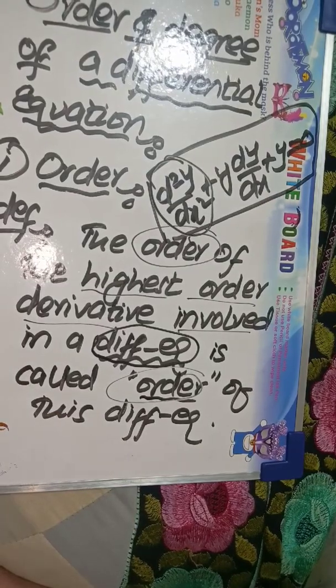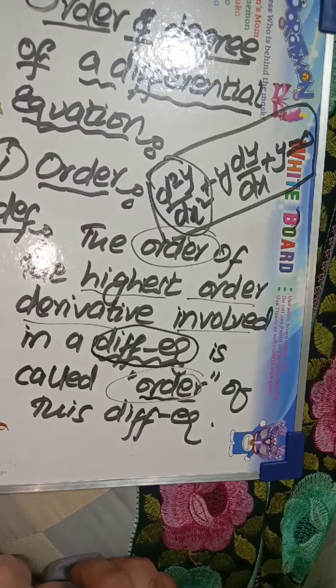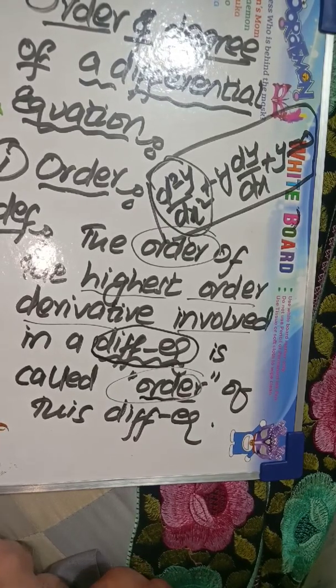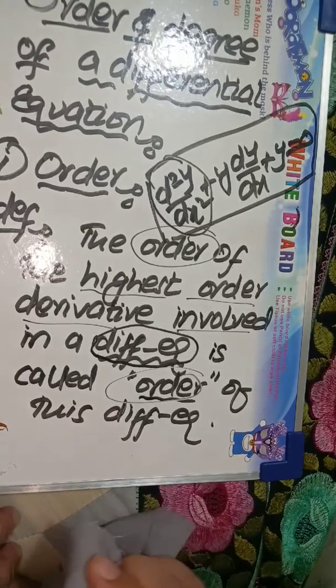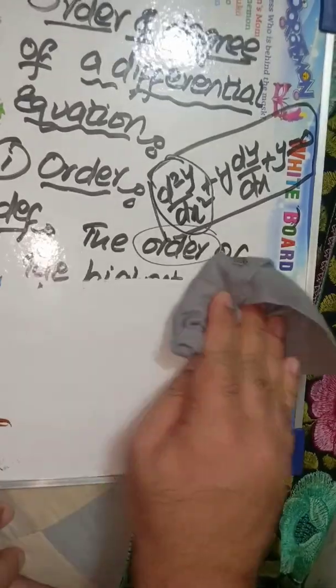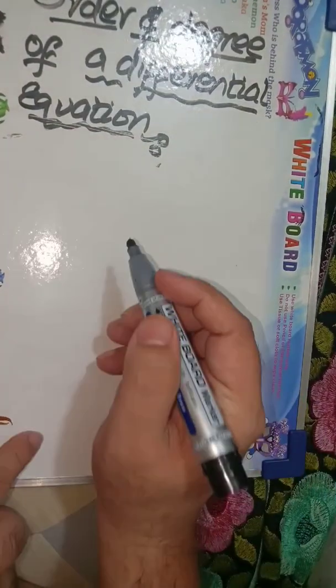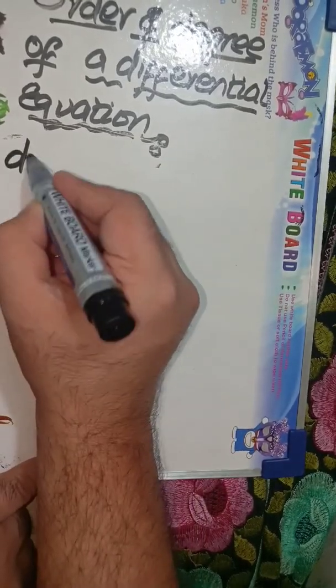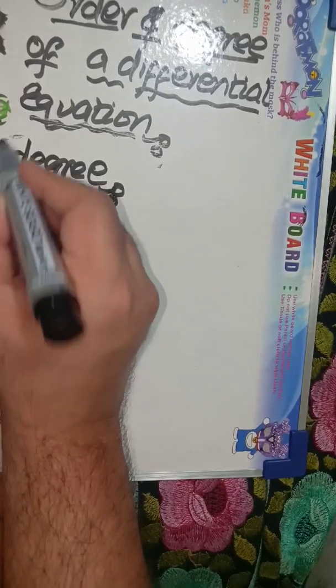So now I will go towards the degree of a differential equation, and then we write some examples, and we will see what kind of classification we can give a differential equation written in the examples. So I will go towards the second part of the heading, which is the degree of a differential equation. So how can we define the degree of a differential equation?